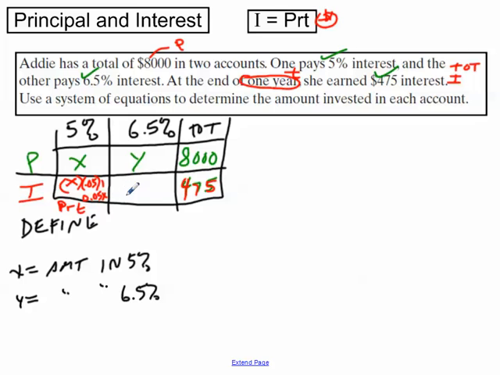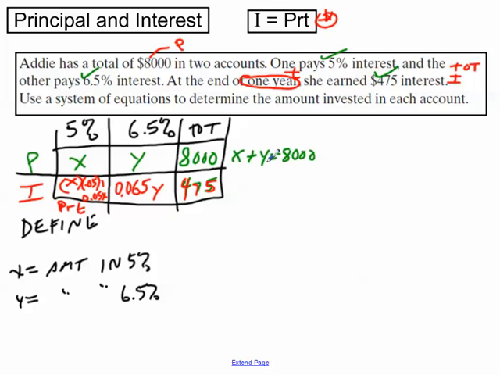We can write it out according to the formula, or we can just say the time is 1 year, so that goes away, and principal times rate is really rate times principal, which is 0.065y.